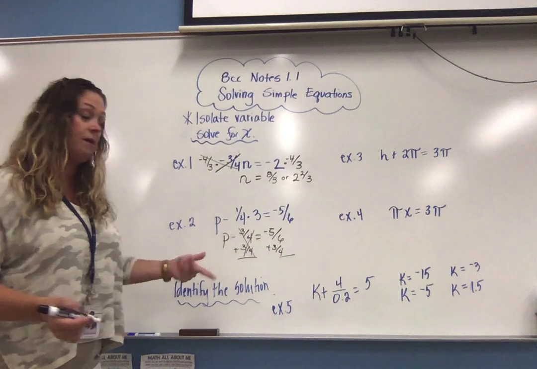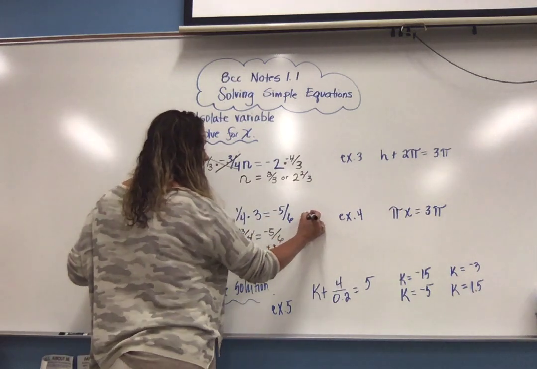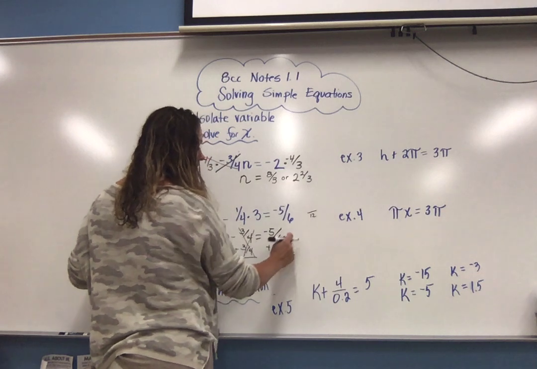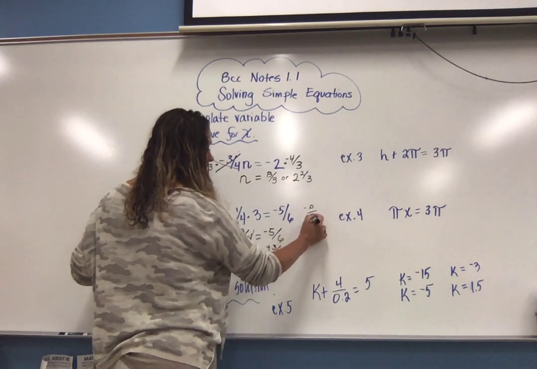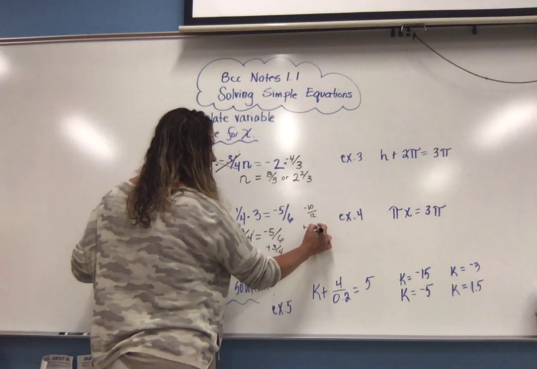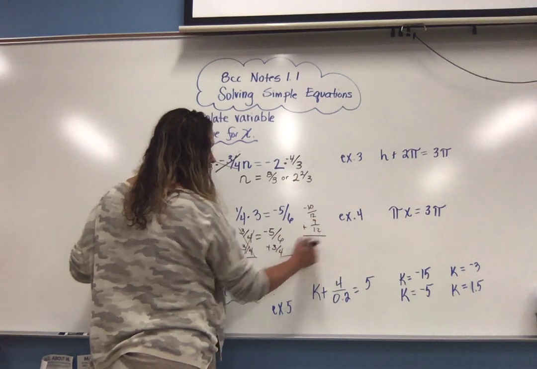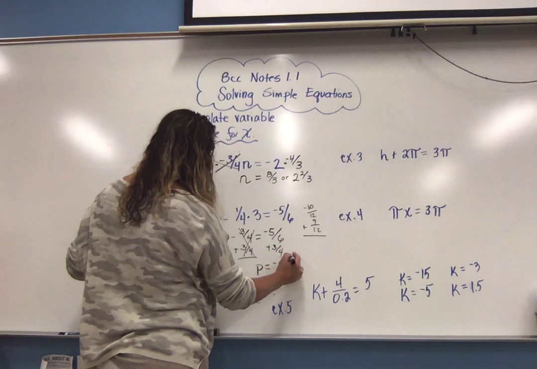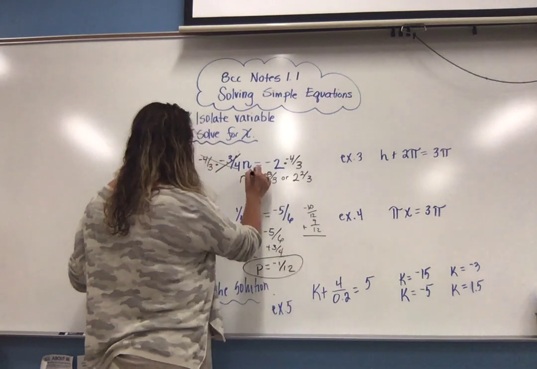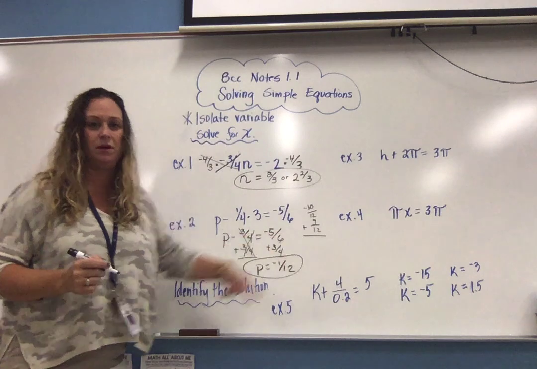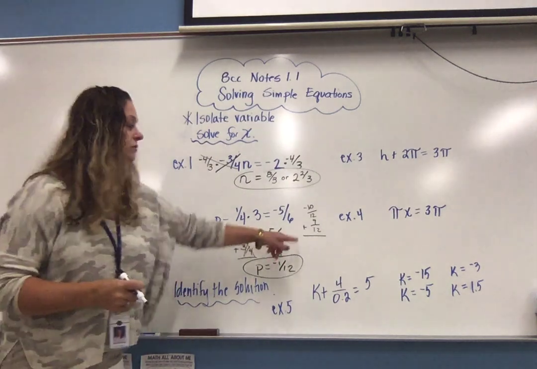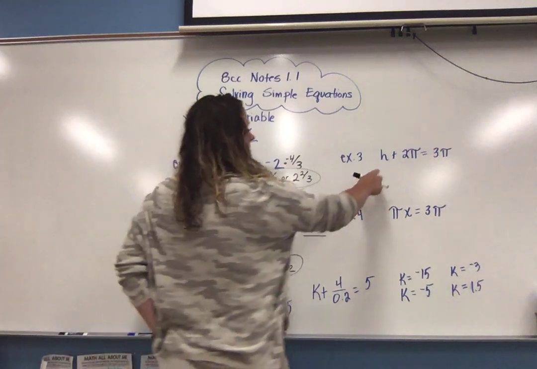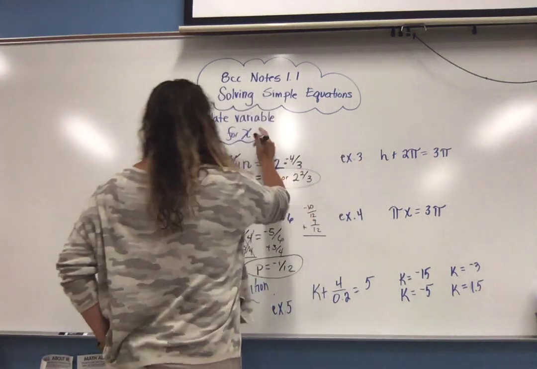If I can't do this in my head, I do it off to the side: common denominator of 12, that's times 2, that's a 10, and then I do times 3, and so I end up with negative 1/12, and then I have P equals negative 1/12. Sometimes we'll call this a timeout, but if you can't do that math part in your head, you should be writing it down.